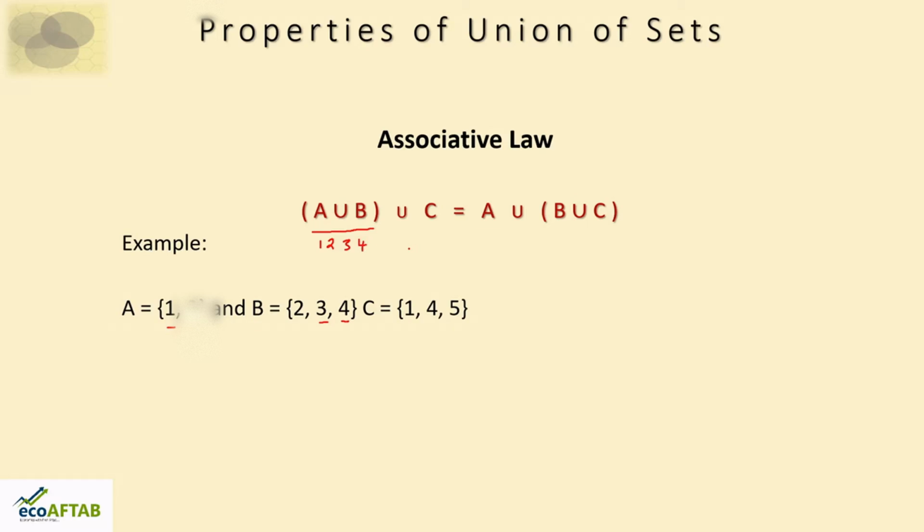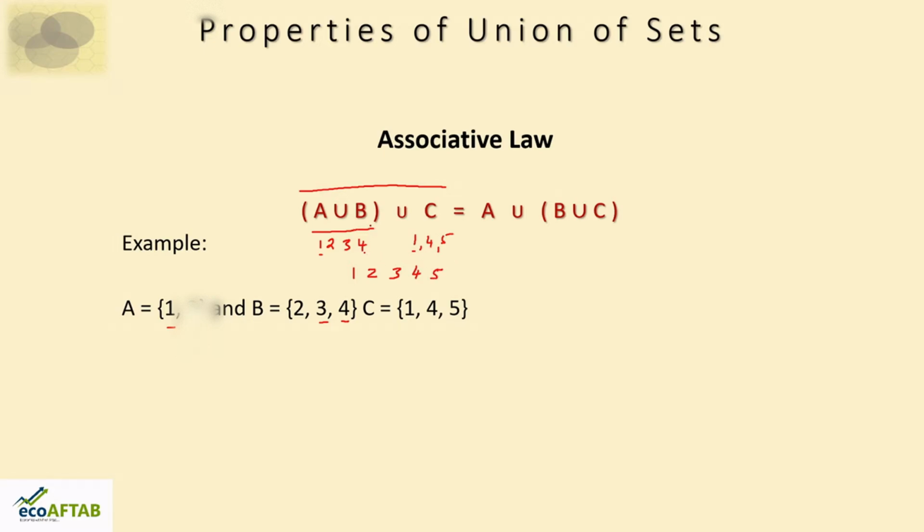Again further we are trying to see A union B union C. What is C? C is 1, 4, 5. Now let us see what will happen to the entire set A union B union C. 2, 3, 4 is in both, so I'll take it once, and 1, 5.